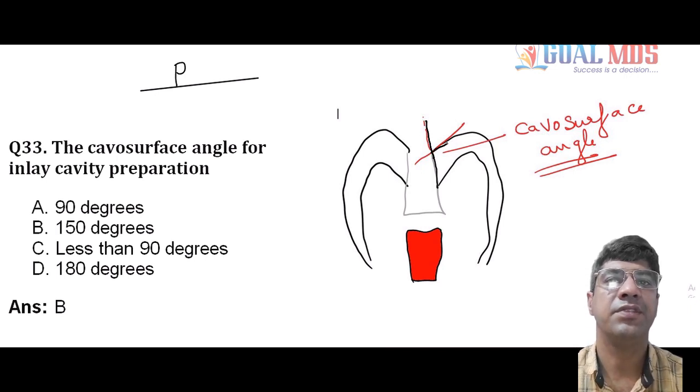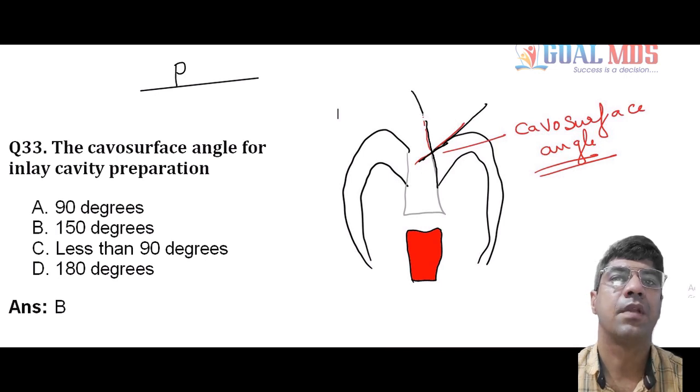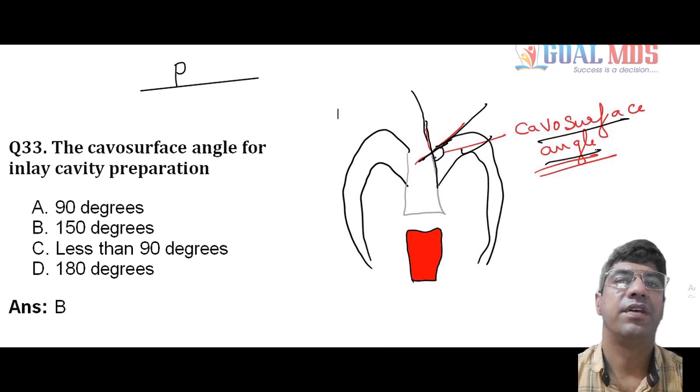Suppose you have prepared this tooth wall; this one is the external surface of the tooth. So this angle refers to the cabo surface angle.